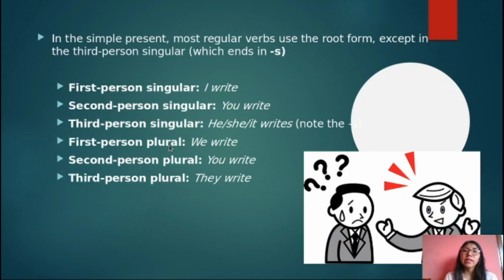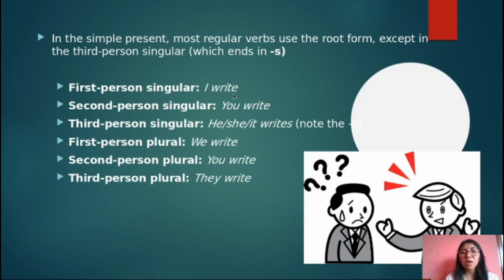We are going to check some rules of the present simple, okay, in order to remember that. For example, it says in the simple present, most regular verbs use the root form, except in the third person singular, which ends in s. Okay, pay attention here. What is the conjugation of any verb?